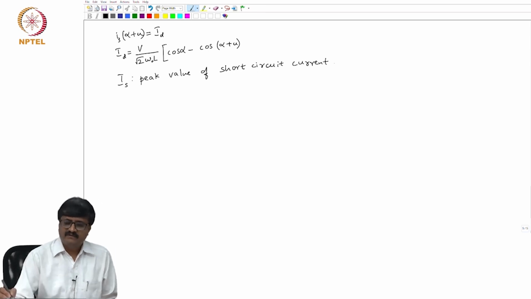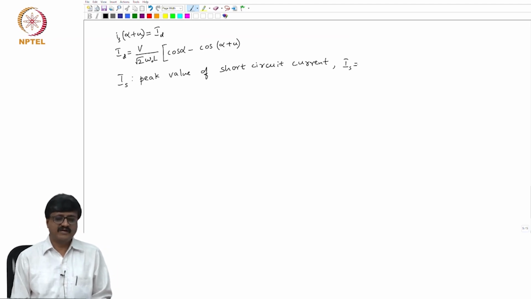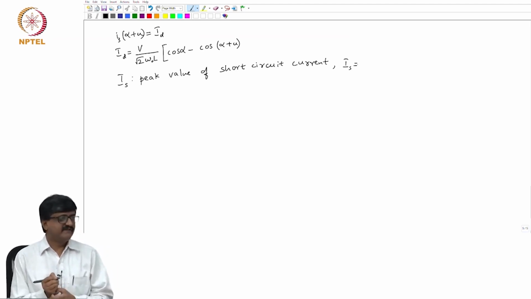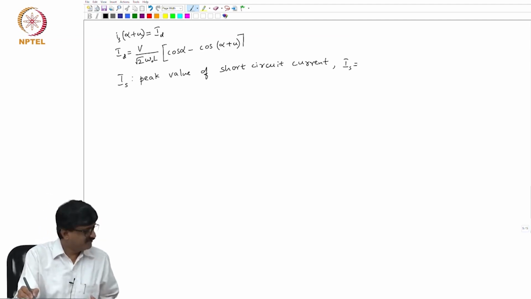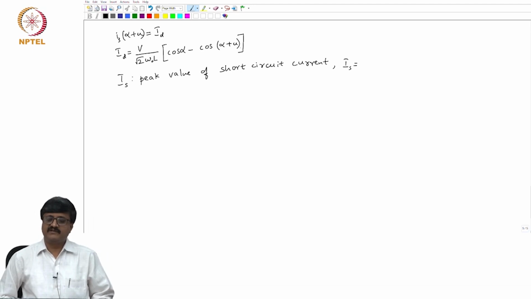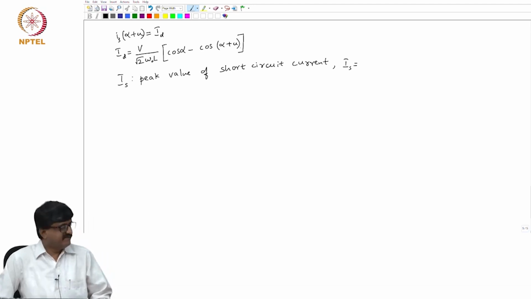Then IS is related to the RMS value V, the angular frequency omega O, and inductance L. So, how is IS related to V, omega O and L?